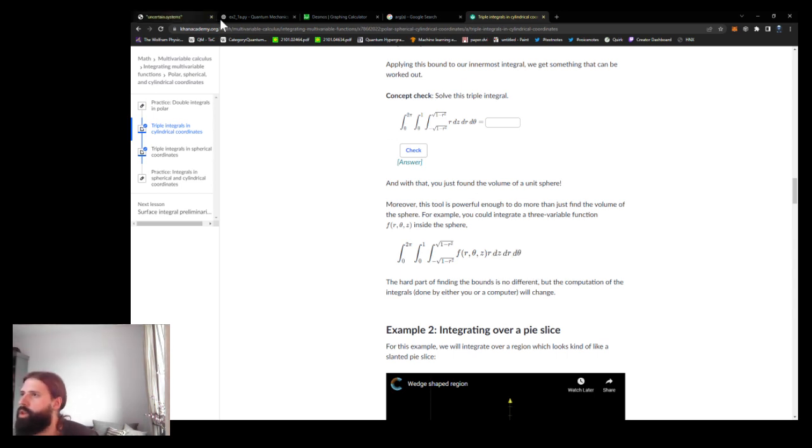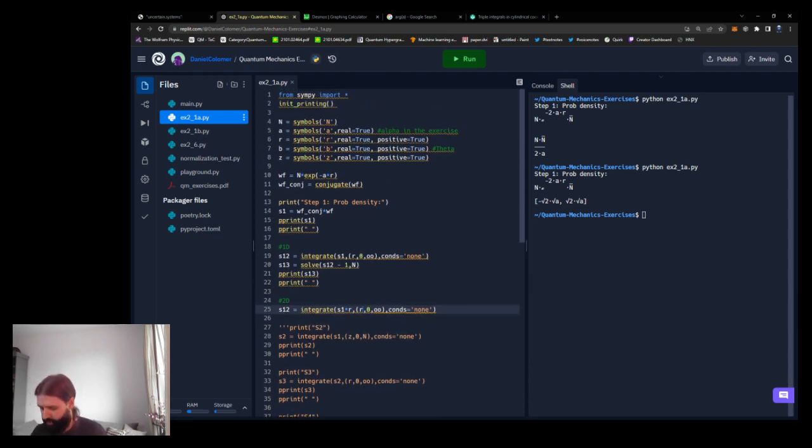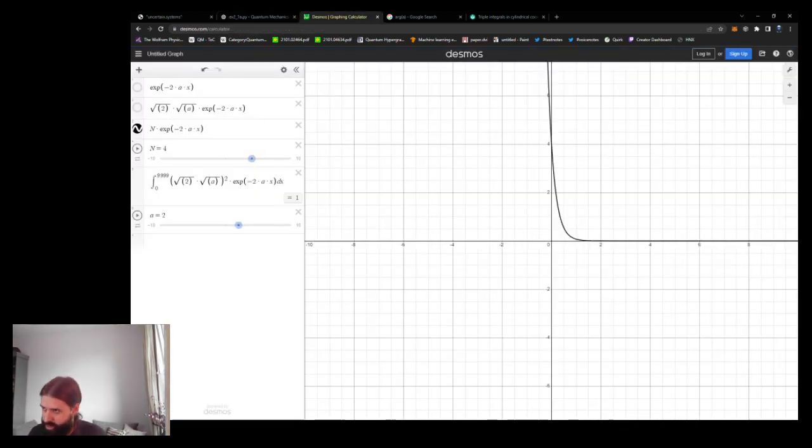Here you do have to say, let's integrate S1 times r, and let's first integrate through z between 0 and n. Now there's a question: is it really n or n squared?